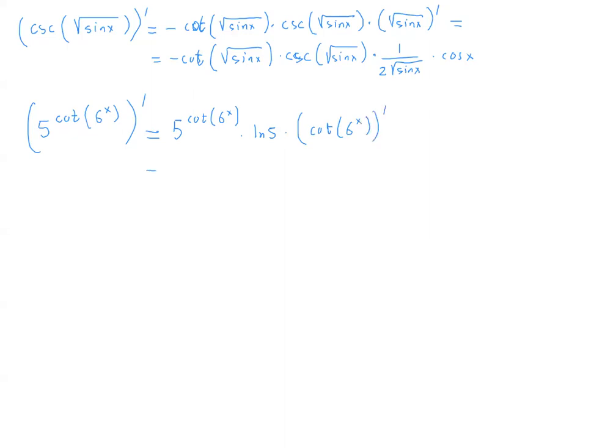And what is the derivative of cotangent of 6 to the x? So now we focus simply on this part. So it's as if you're looking at cotangent of y. And the derivative of cotangent of y is negative cosecant square of y times the derivative of what we designate as y, which is simply 6 to the x times ln 6.